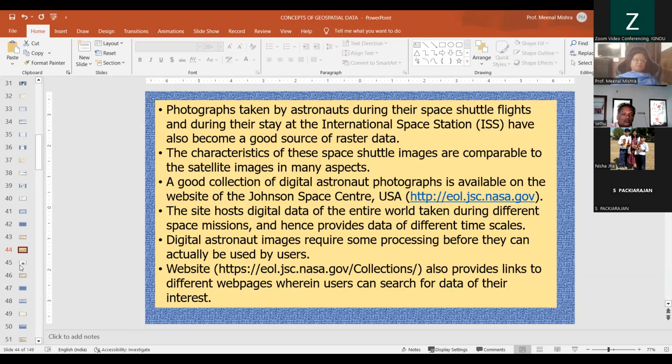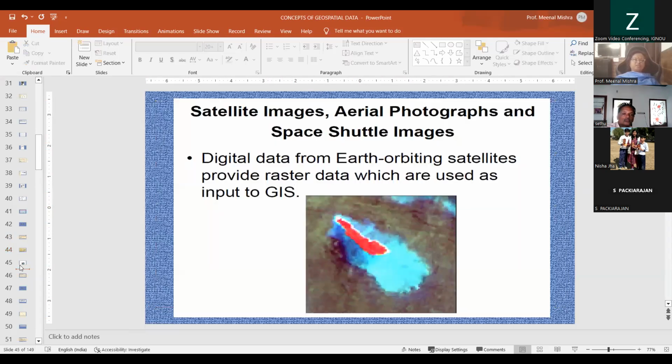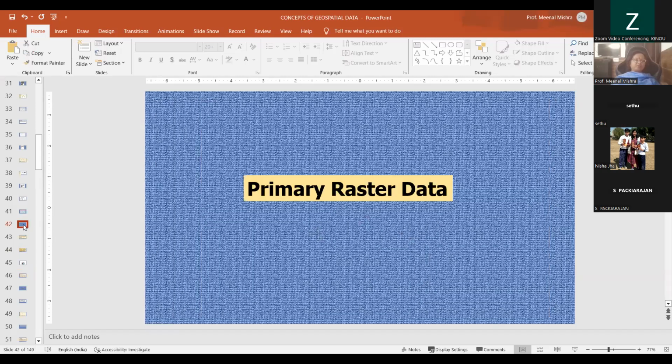Okay, this shows digital data from Earth orbiting satellites that provides raster data, which is used as input to GIS. Now, this is secondary raster data.